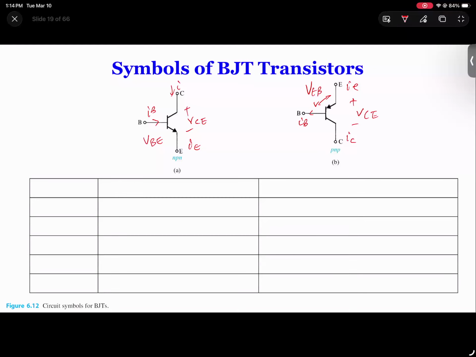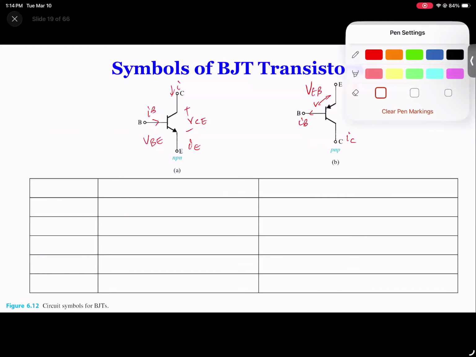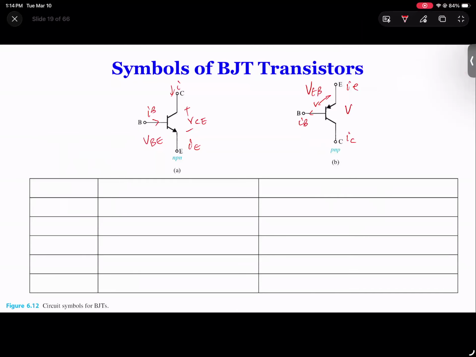And things are flipped. Everything just flipped for the type of device. So now let's look at the first equation, the relation between off and on state.